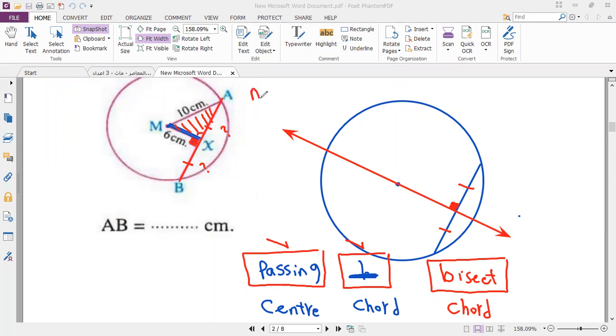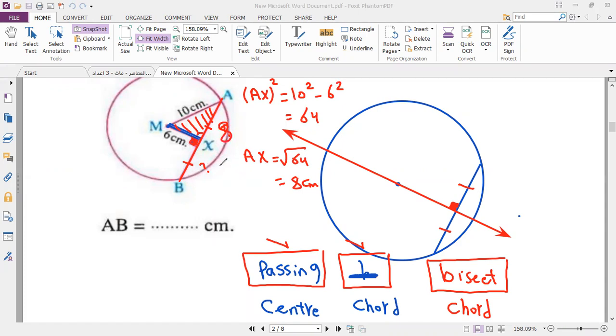So we can find AX squared from this triangle colored in red. It's 10 squared minus 6 squared, 100 minus 36 equals 64. So the length of AX, the square root of 64, equals 8 centimeters. Okay, AX equals 8.